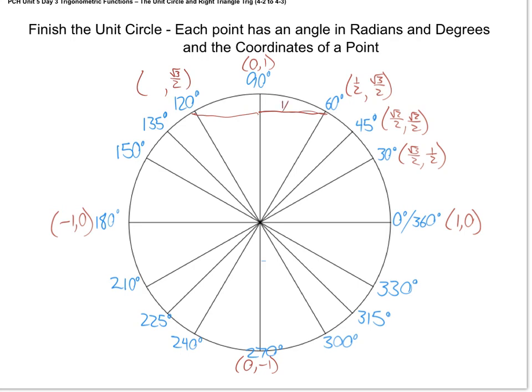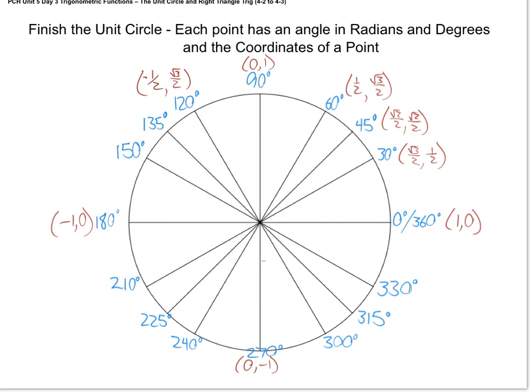If this is 1/2, this has to be a distance of 1/2. So what would the coordinate be? Don't overthink it. We're just going the opposite direction, so negative 1/2, root 3 over 2.